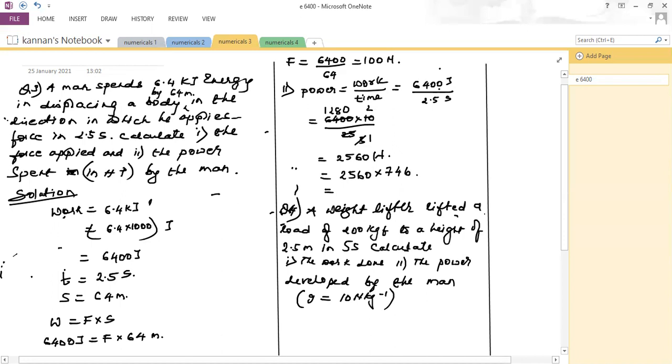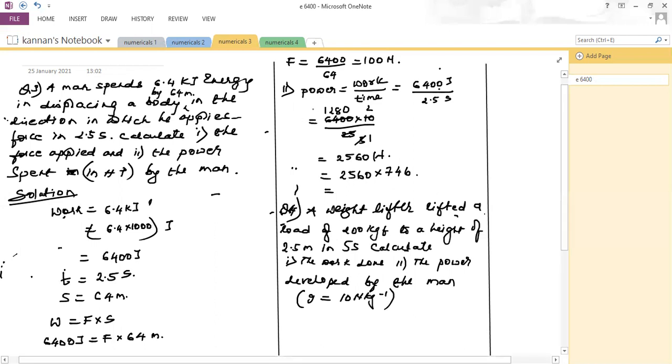So remember, children, when you do this and try to get it in horsepower, okay, so how much do you get? 1 horsepower is equal to 746 watts or 0.746 kilowatts.